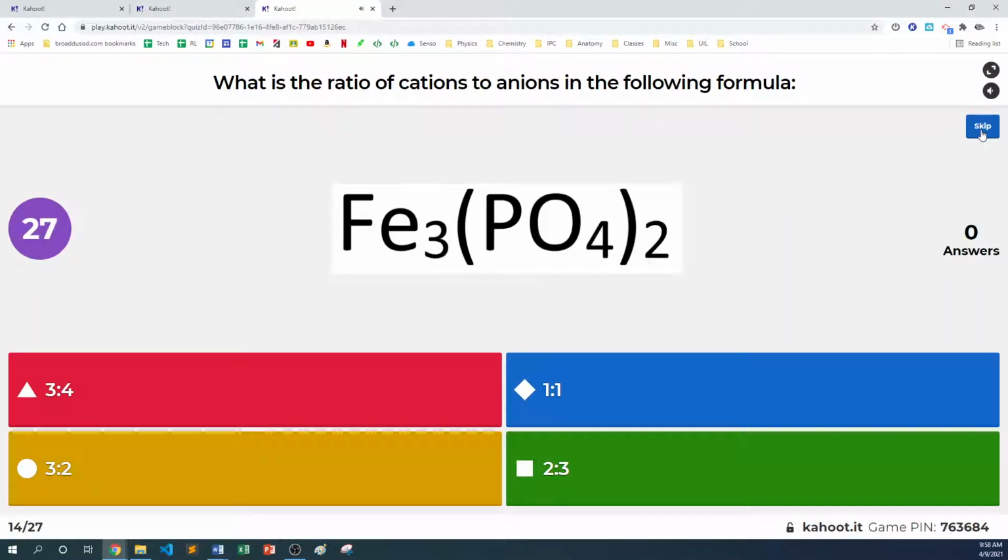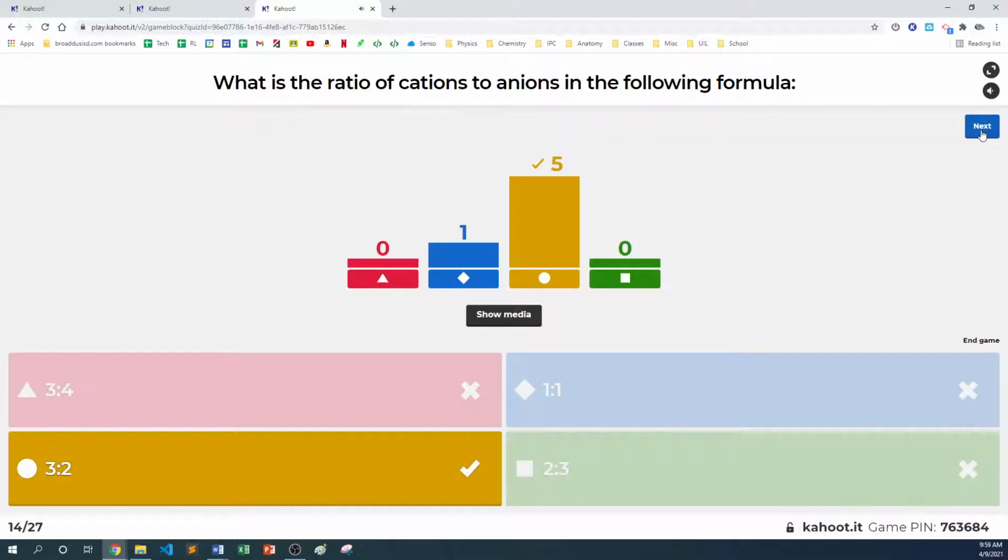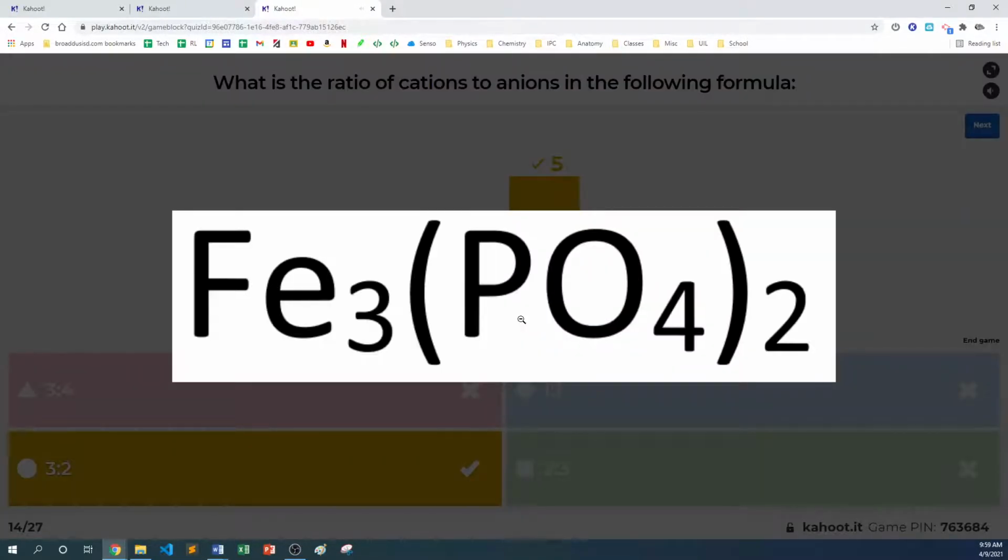What is the ratio of cations to anions? An ionic compound has exactly two parts.